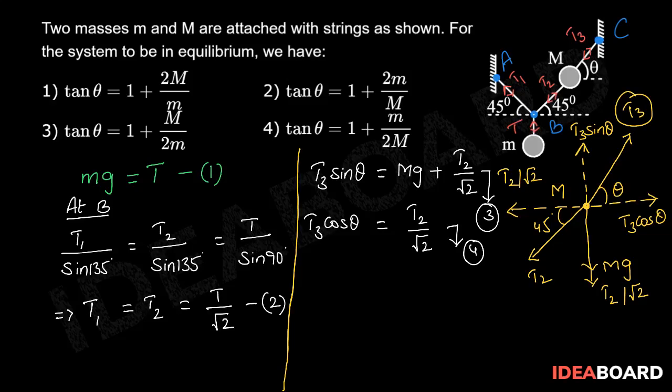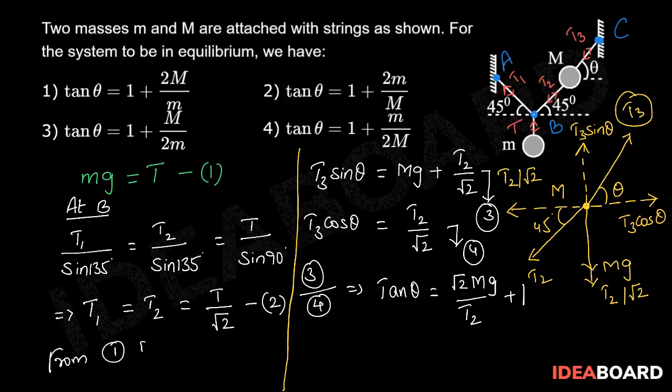Now dividing 3 by 4, we get tan theta equal to root 2 capital Mg upon T2 plus 1. Now from 1 and 2 equations, we can write T2 equal to mg upon root 2.